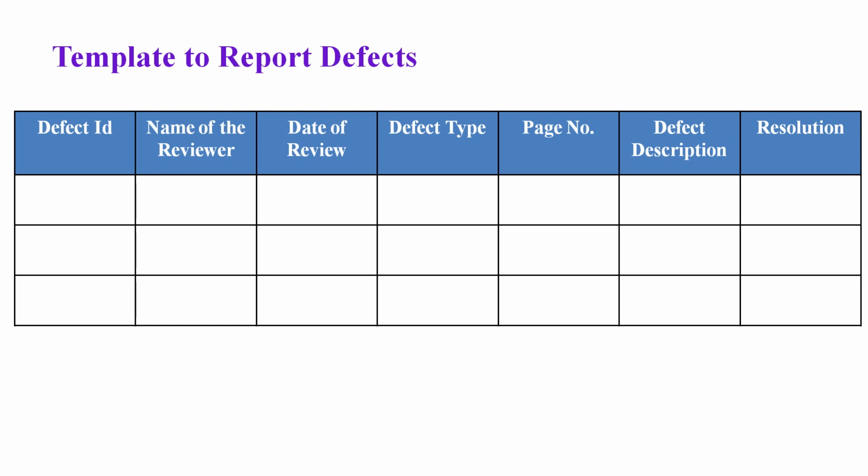But if the reviewer, without understanding that particular requirement properly, due to some confusion, lack of knowledge or misunderstanding, has reported a defect when in fact there is no defect, then the concerned author will immediately reject that defect.